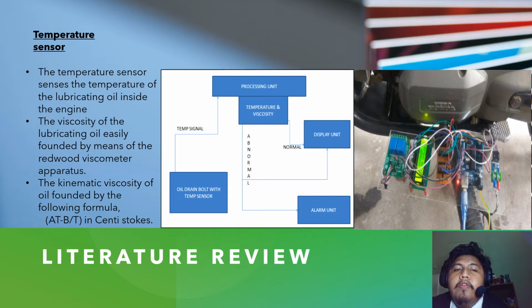In turn, the driver or vehicle user knows the exact time of replacement of lubricating oil for the engine. From the result, it is shown that as the temperature increases, the viscosity will decrease. This article shows an approximate timing of engine oil deterioration when both sets of values, measured and calculated, are nearly equal.